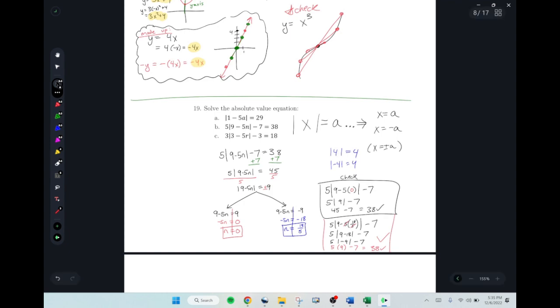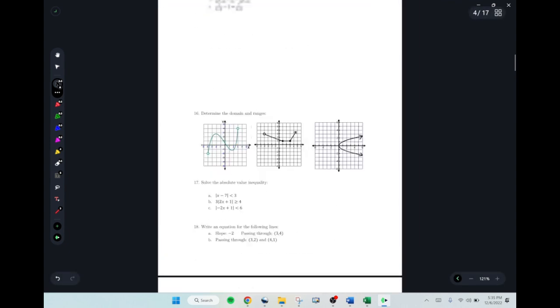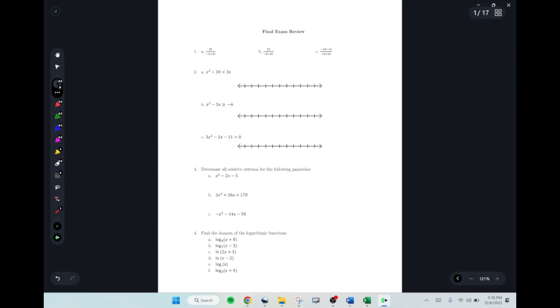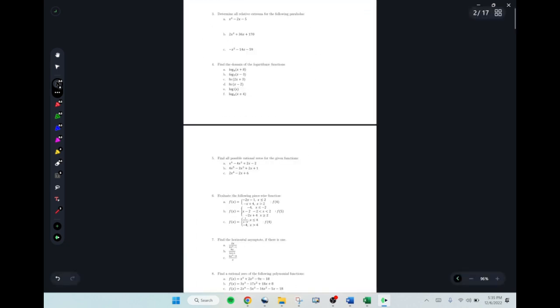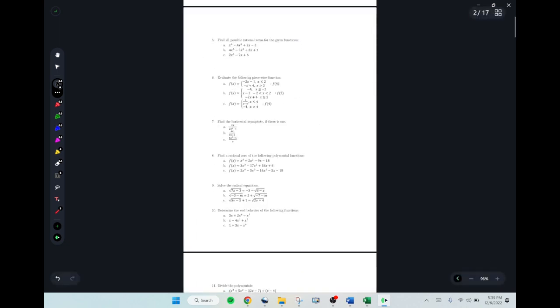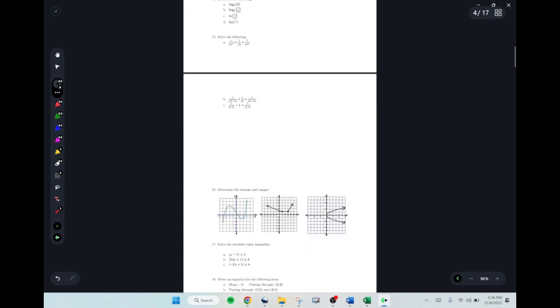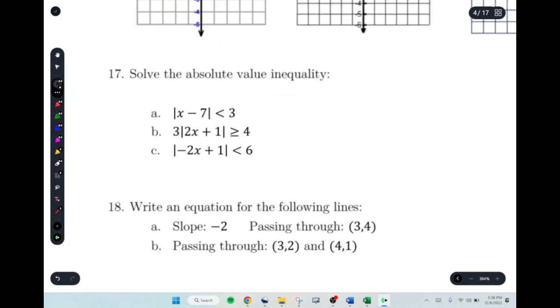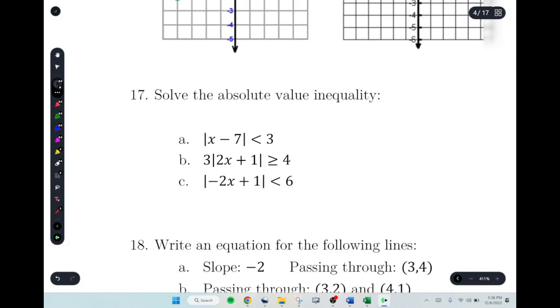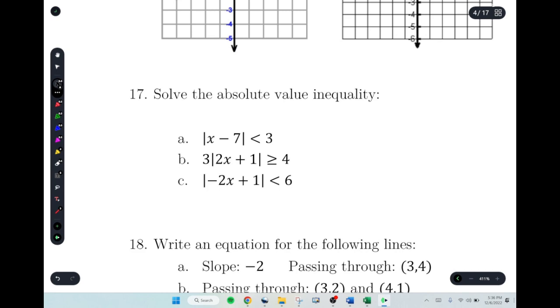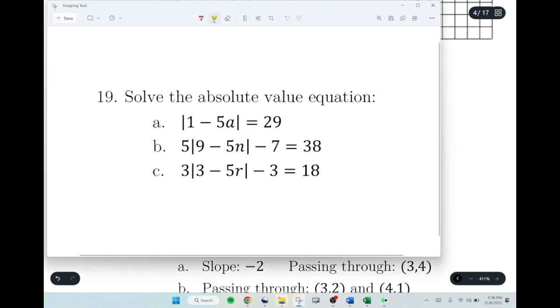What else we got? And you treat the absolute value inequality the same? No, inequality is different. Is that one of these? That's 17. Let's do it. Inequality is pretty similar.